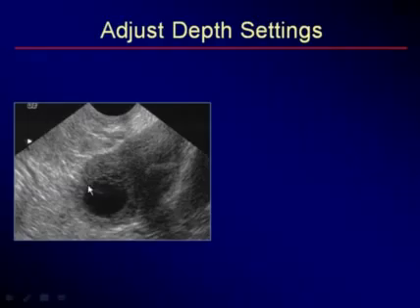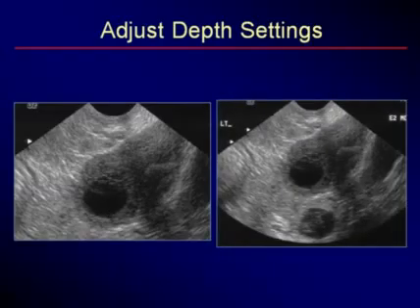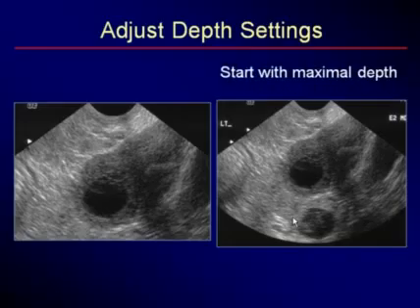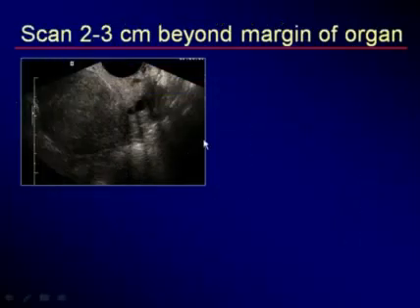Another example, an ovary with a physiologic cyst in it. If we would have had maximal depth first, we could have used that cyst to scan deeper into the pelvis and see that there's an ectopic pregnancy back here. So we have to start with maximal depth, then focus closer on an area of interest.